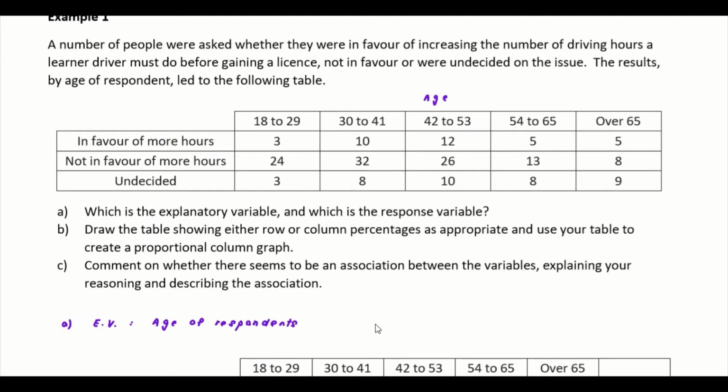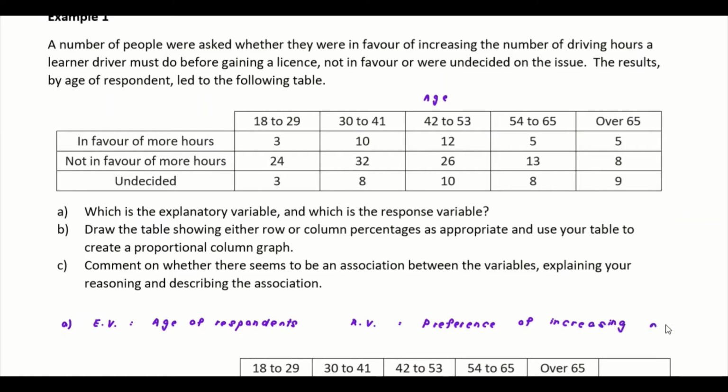Then after that, how about the response variable? It will be the other one, right? So we can write down their preference of increasing the number of driving hours.